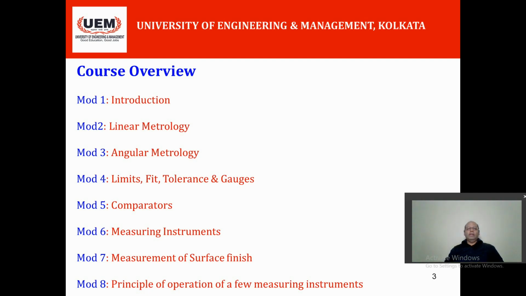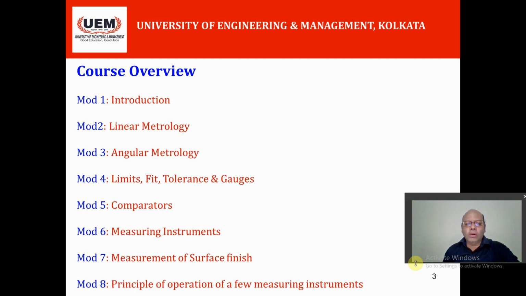Next, limits, fit, tolerance and gauges. I have already talked about the interchangeable part, interchangeability and also selective assembly. If you want to make the product accurate, that means you have to make the product within a specified limit. And when you make the product within a specified limit, that means within a closed tolerance zone, then the cost of the product will increase.